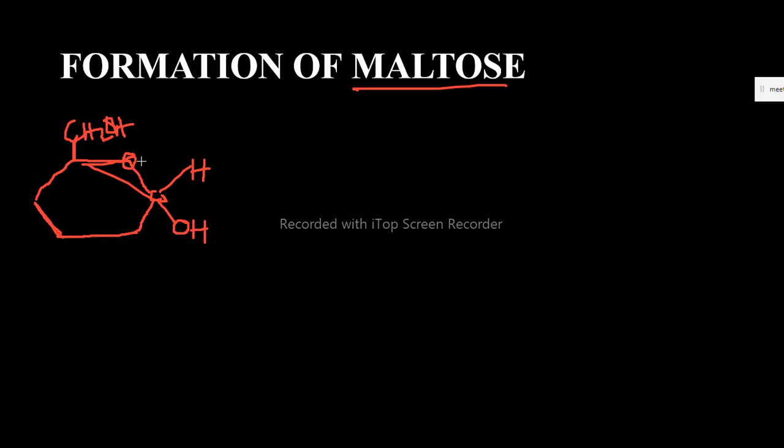In a previous lesson, I showed you how it rings. The oxygen is going to donate the electrons to this carbon to form this, and then this is going to be our carbon 1, and this is our carbon 2, carbon 3, carbon 4.